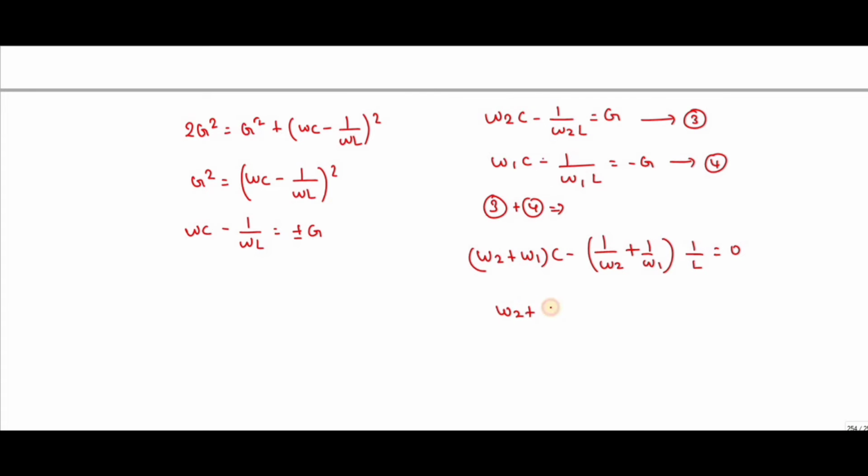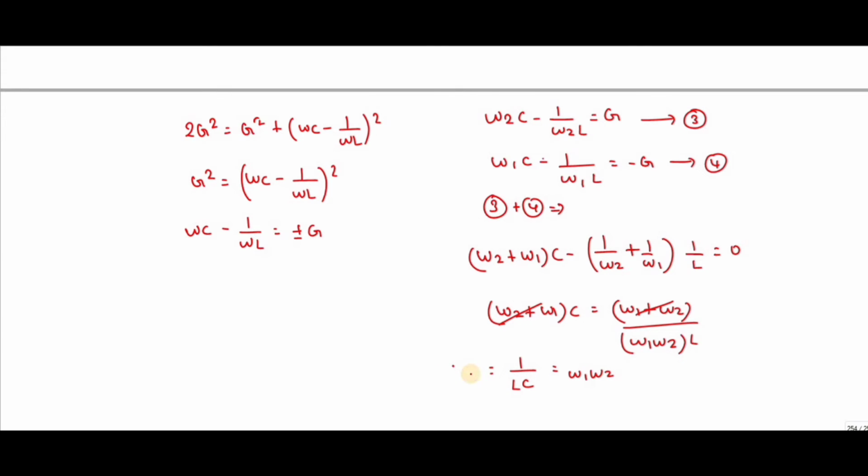Okay, so omega 2 plus omega 1 times C is equal to omega 1 plus omega 2 divided by omega 1 omega 2 L. Here these two get cancelled out. So I can write 1 divided by LC is equal to omega 1 omega 2.